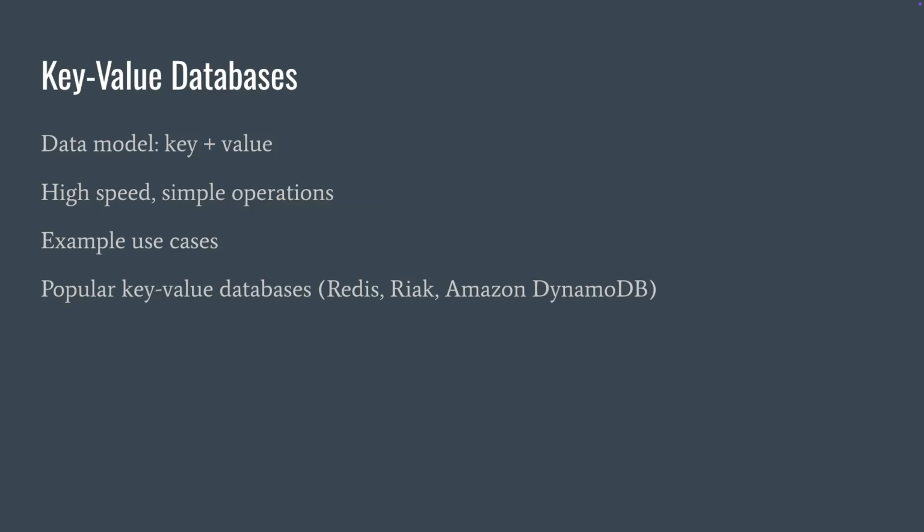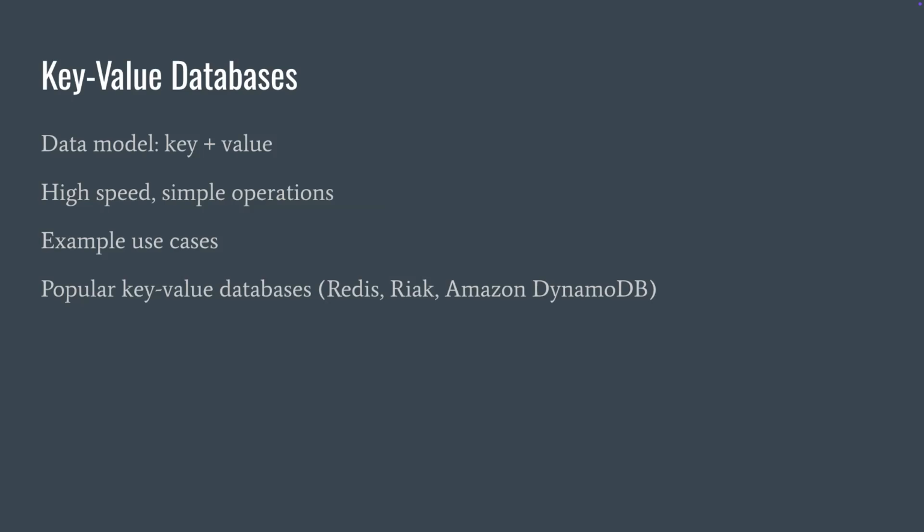If we first talk about the data model, let me give you an example. Say you have a key like user with a user ID, and the associated value might be a JSON blob containing user information or something else entirely. The database doesn't really care what's inside that value.